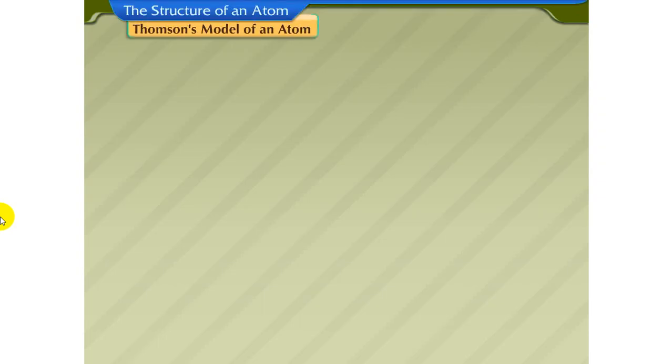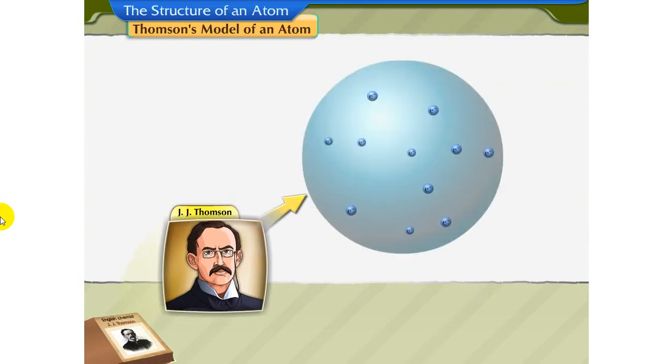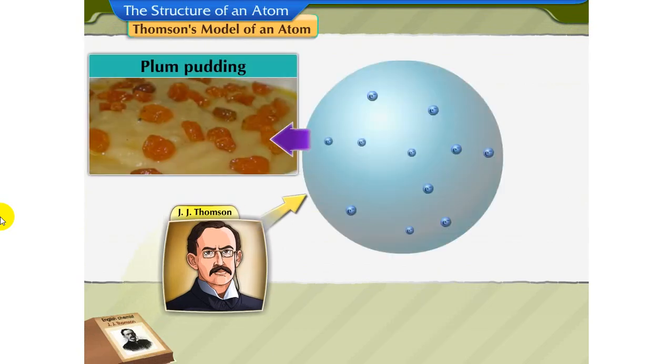Thomson's model of an atom. Thomson proposed a model of an atom to be similar to a plum pudding. He proposed that an atom consists of a positively charged sphere where the electrons are embedded in it.